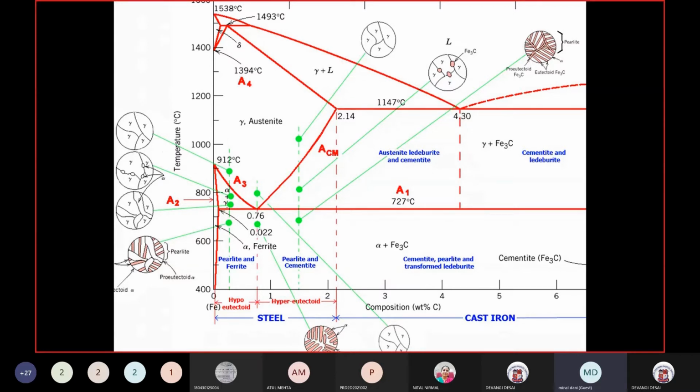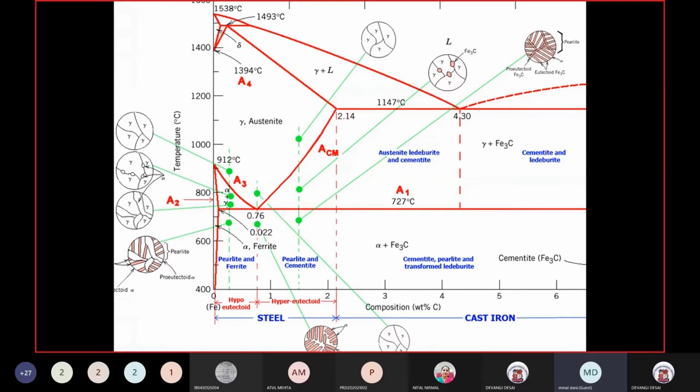Your pearlite, see here they have given the small microstructure also, how that pearlite is formed, and once you heat it, how this pearlite can transform to austenite. This is beneficial when you do the heat treatment.